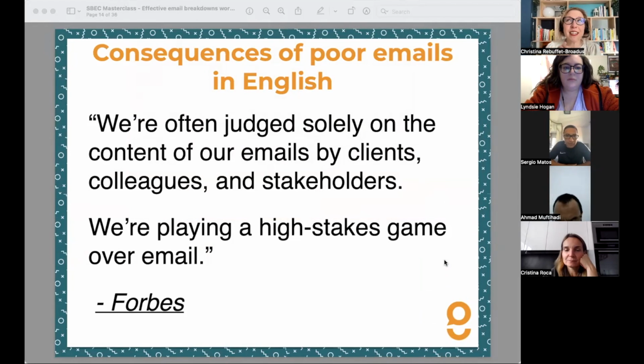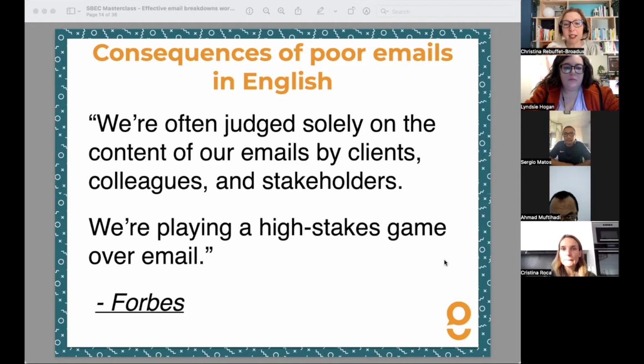The objective of this information is not to make you scared or upset or sad or frustrated, but just to make you conscious that yes, it is just email, but it can have some real consequences on your career.